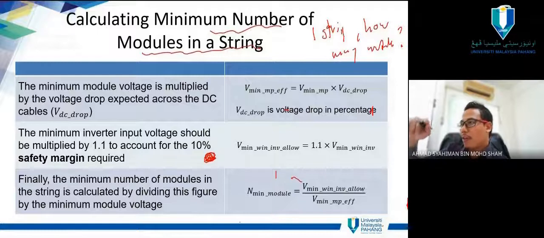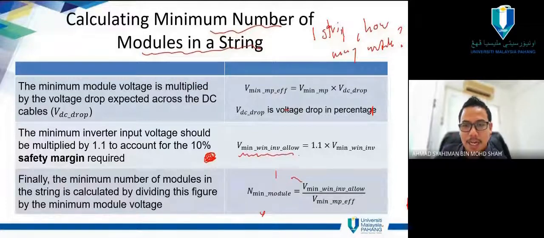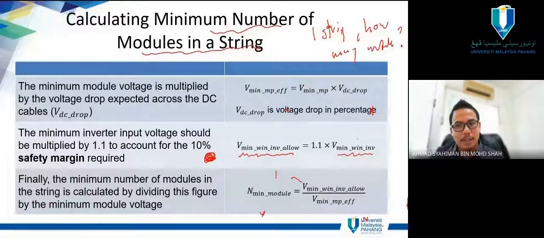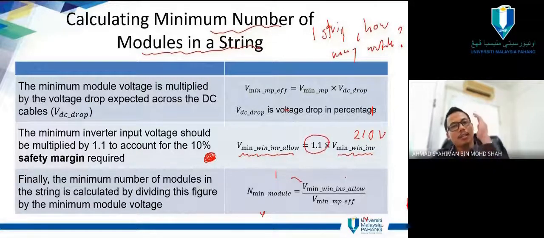It's the 10% margin. What does it mean? We are going to have another term. Kita panggil sebagai minimum window inverter allow, ataupun allowable minimum window inverter voltage. Originally, kalau saya kaitkan dengan tadi, Vmin inverter tu berapa? 210 kan? 210 volt. Kita darab, multiply with 1.1, is fixed.